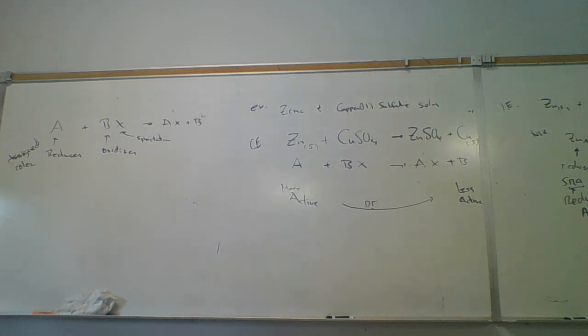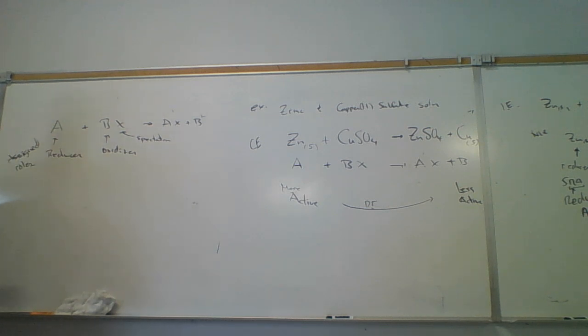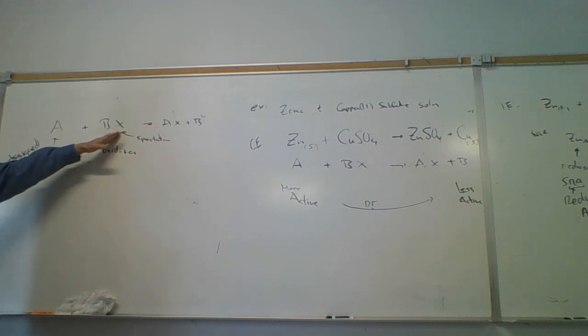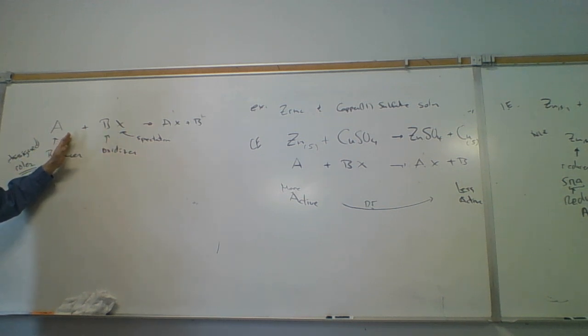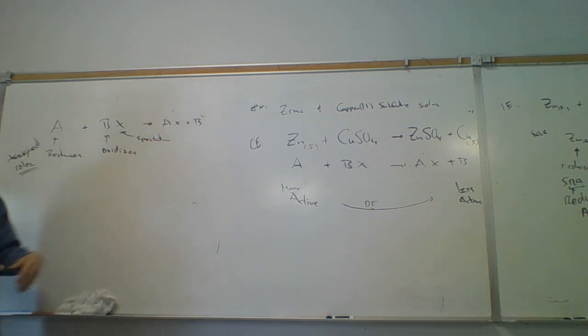Now, when we set it up in the pattern like this, A plus BX, we're setting up the roles. Everybody has a role. A is the reducer, B is the oxidizer, and X is the spectator on the left. On the right, A is going to be the oxidizer, B is the reducer, and X is the spectator on the right. And so everybody has an assigned role.